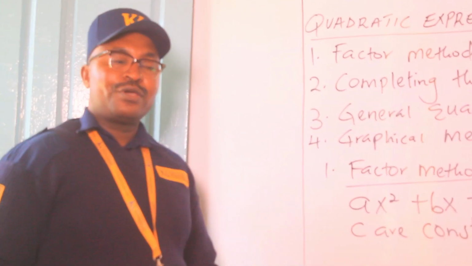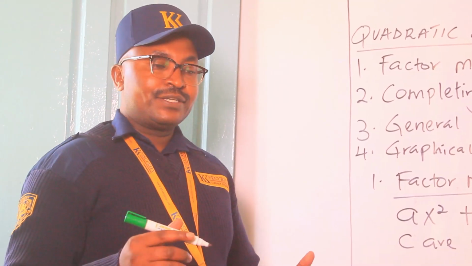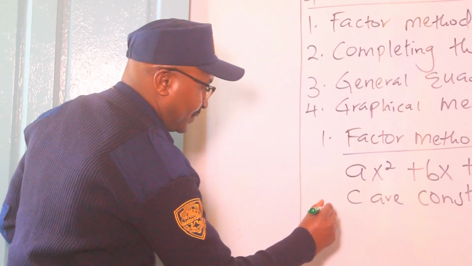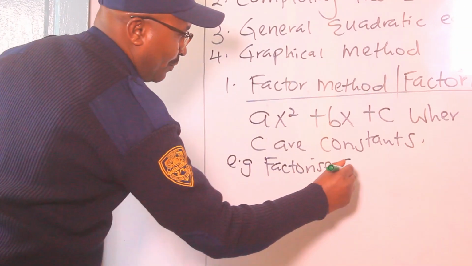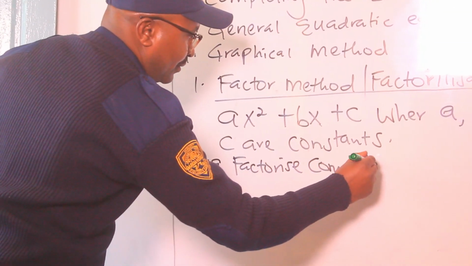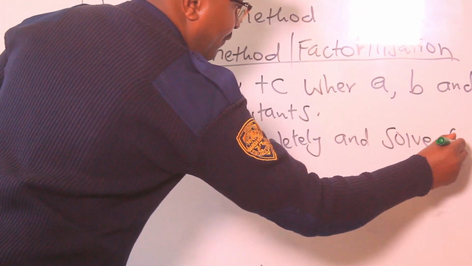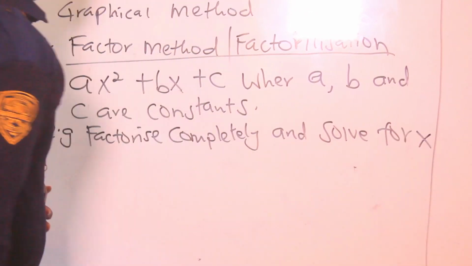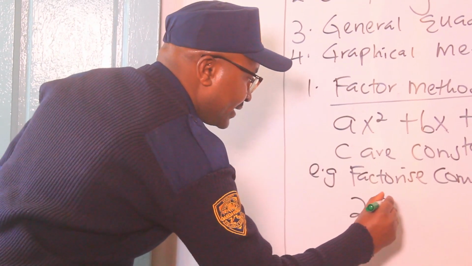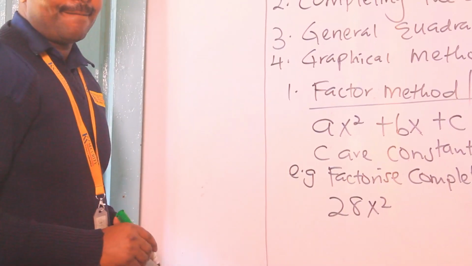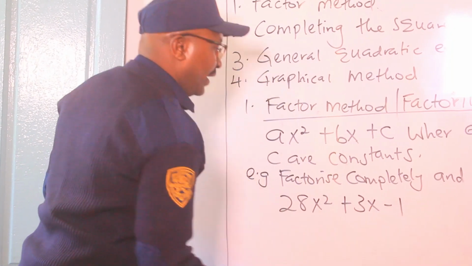A question may be posed to you by the examiner, and you are told, factorize completely and solve for x. Here we have 28x squared plus 3x minus 1.